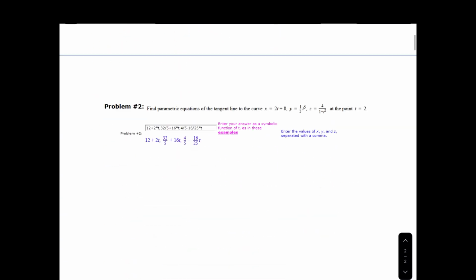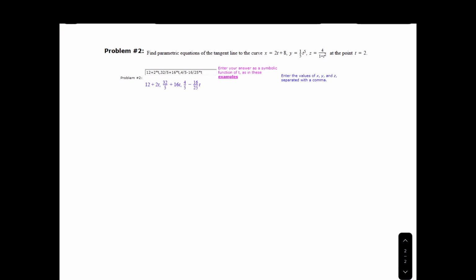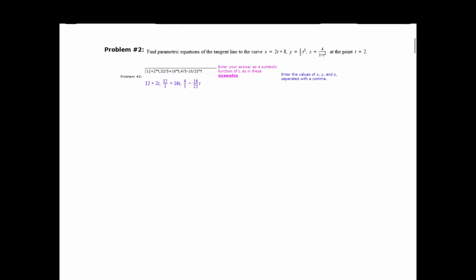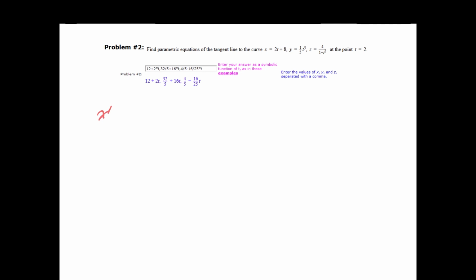I'm going to try and go through this as fast as possible because the due date is coming up. So this one, they're asking us for parametric equations of the tangent line to the curve. We know that the tangent line is the derivative. And so we're going to take the derivative at each point.